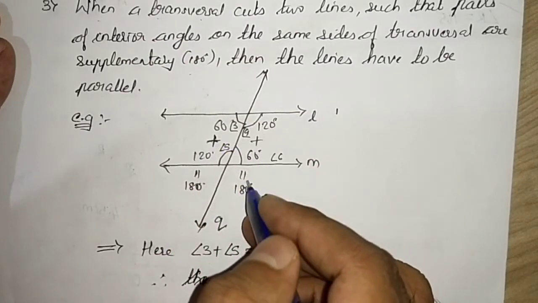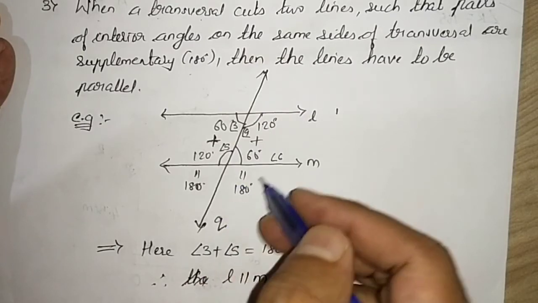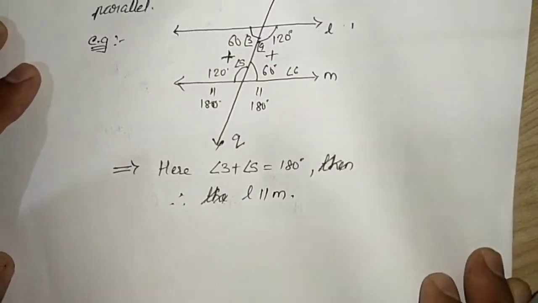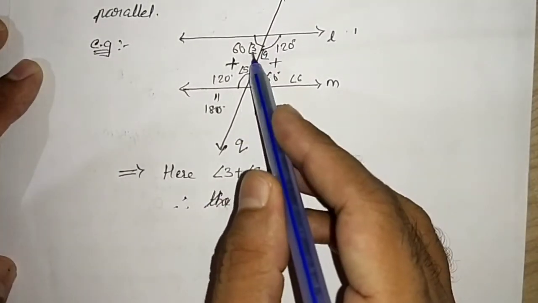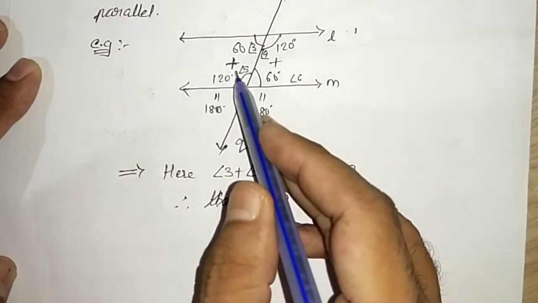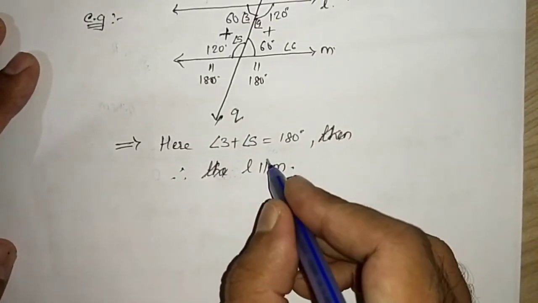Here also the sum of both angles is 180. Then we can say that these two lines are parallel. See here, angle 3 plus angle 5 is equal to 180 degrees. If it is the case, then we can say that L is parallel to M. This is the sign of parallel.